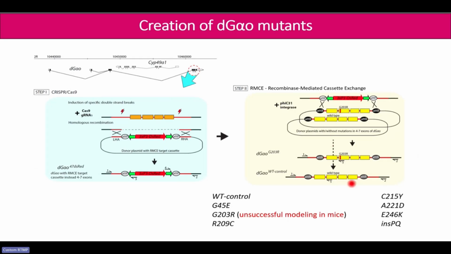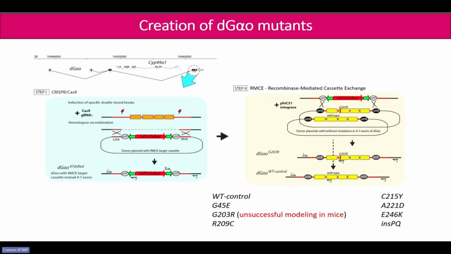So we obtained several mutations. Some of them are the most common, and one of them is the most mild mutation. We also obtained a precise control, where these flies also passed all crosses and all editing, with the wild-type DNA inserted in this cassette.